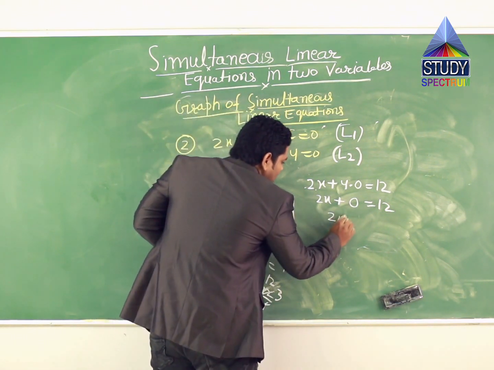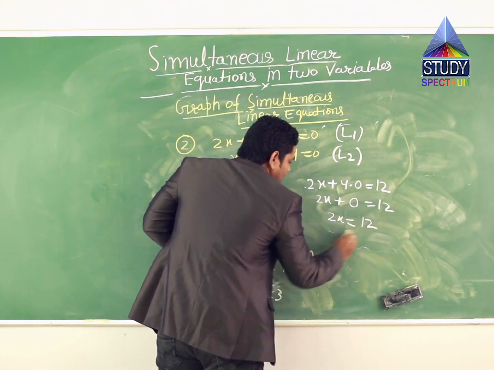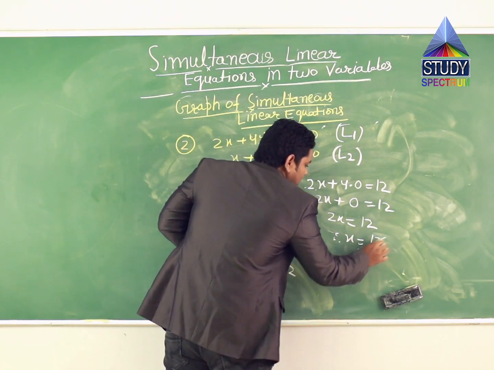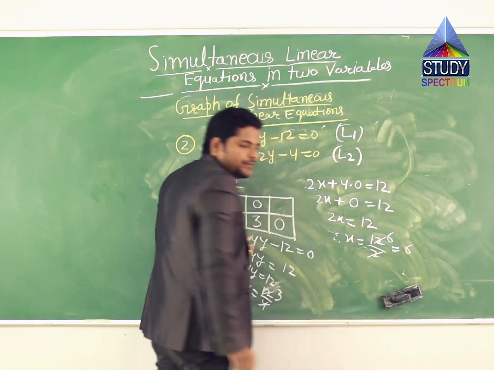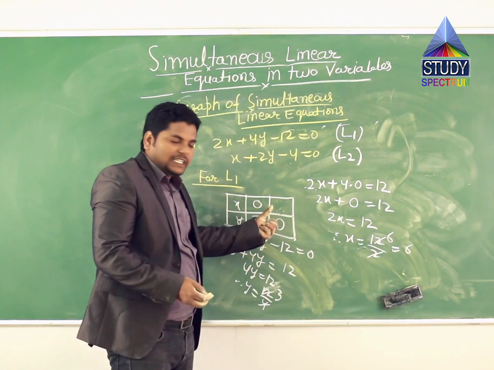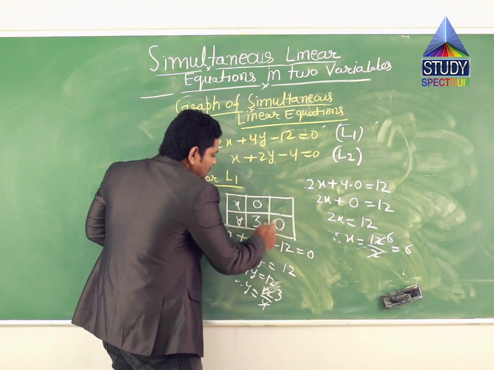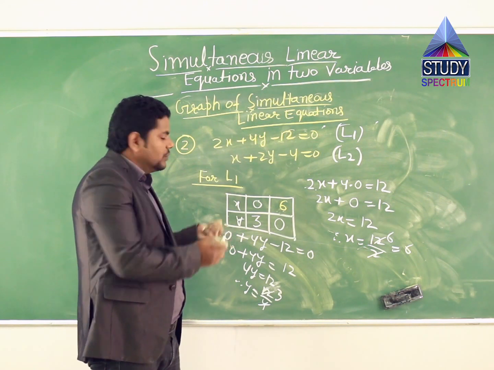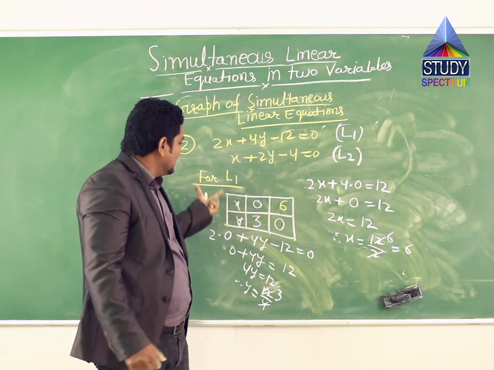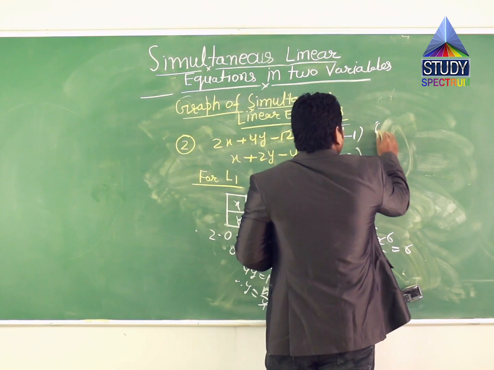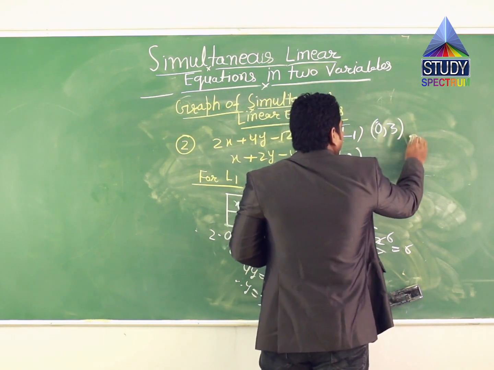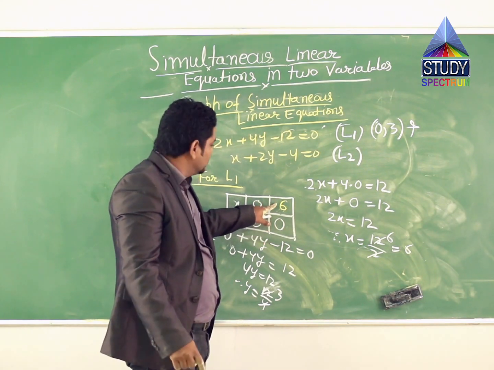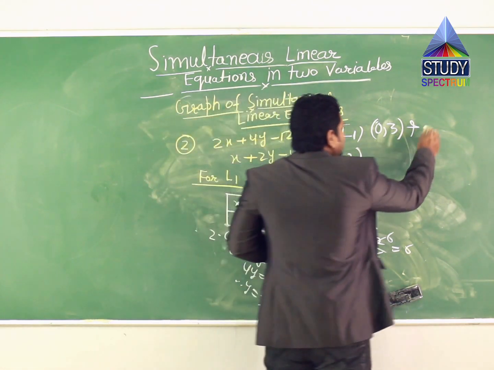So 2x plus 0 is 2x equals 12. Therefore x equals 12 by 2, which is 6. Now we have got the second point also. So we have got 2 points for line L1, which are (0, 3) and (6, 0).